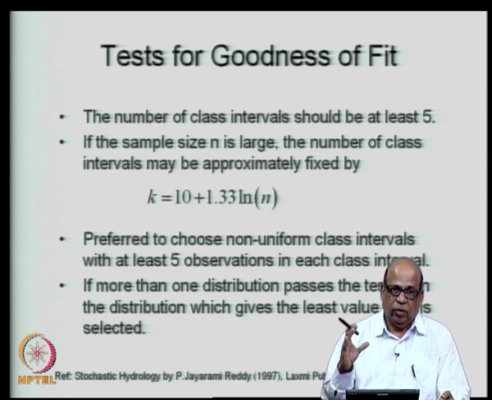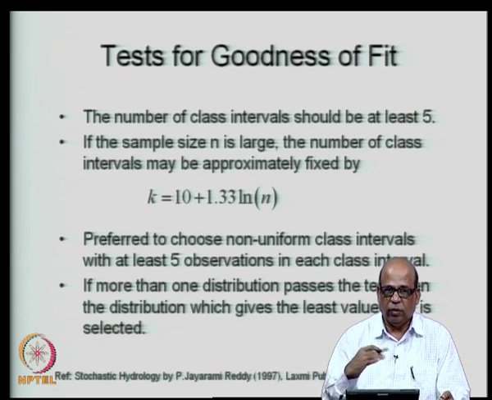So, first you divide the data into some number of class intervals, make sure that each class interval has a reasonable number of observations, which is 5 in this particular case, and then make sure also that your sample size is reasonably large. As I mentioned, if you had 40 values and divide it into 8 class intervals, you may expect at least 5 values in each if they are uniformly distributed. Let us say you have only 20 values and divide it into 8 class intervals.